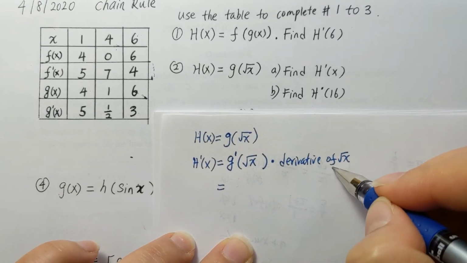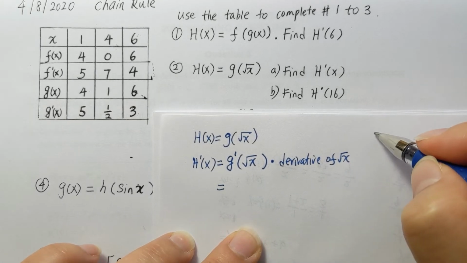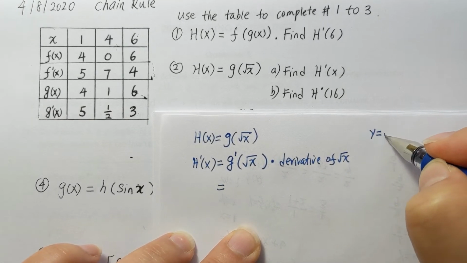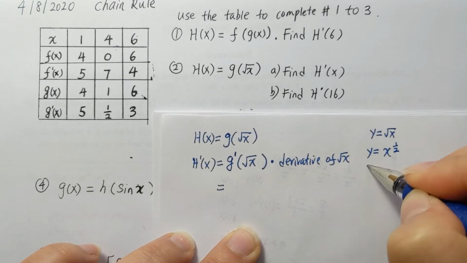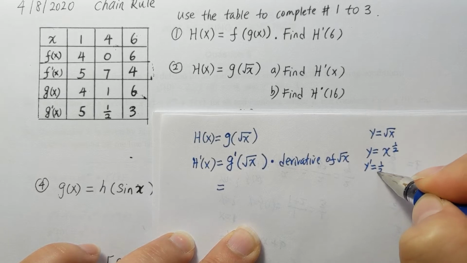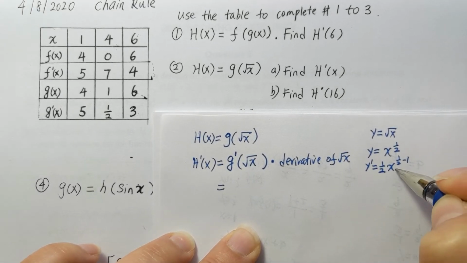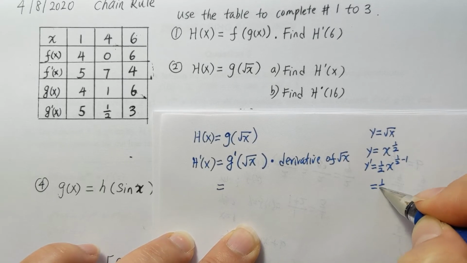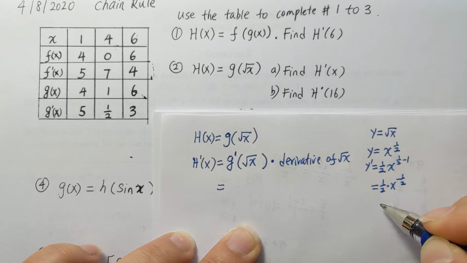So if you can find the derivative of square root x in one step, it's good. If you cannot, you can rewrite it over here, y equal to square root x. That means y equal to x to the half. Then y prime equal to 1/2, x to the 1/2 minus 1. We reviewed that before. So you get 1/2 times x to the negative half. And rewrite this into a fraction form.